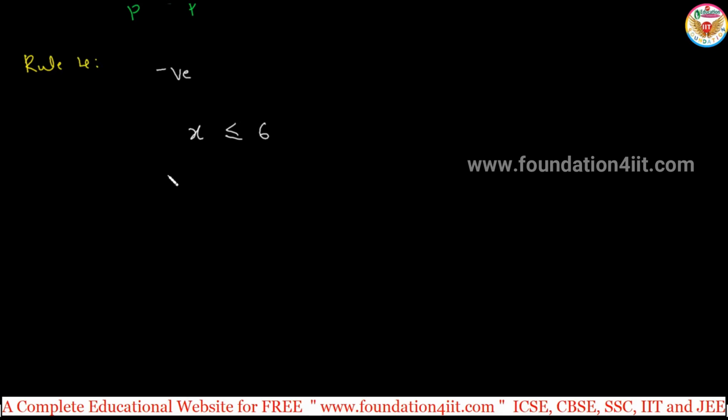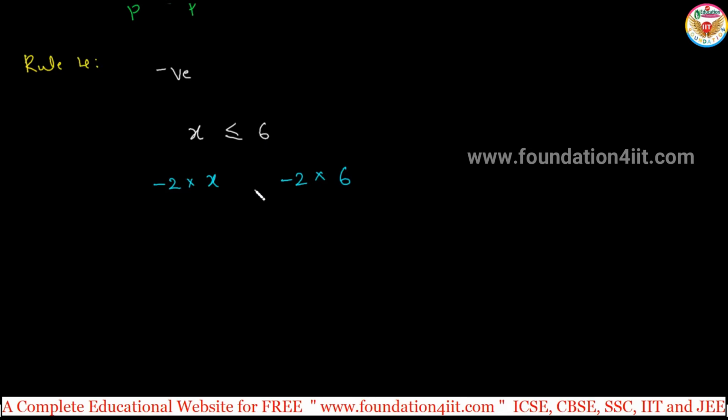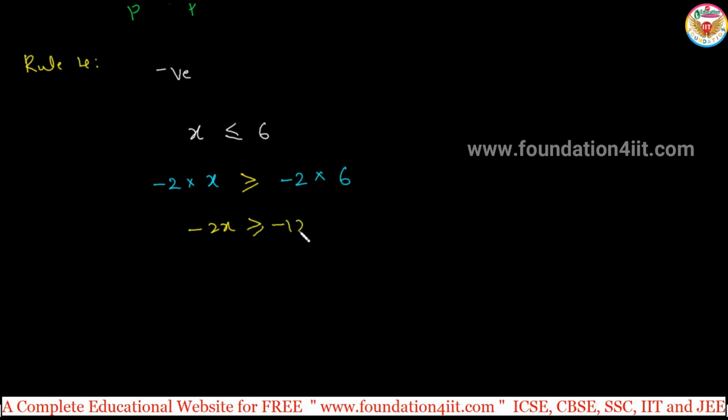If I multiply both sides by negative 2, the inequality sign should be changed. So less than or equal becomes greater than or equal: minus 2x is greater than or equal to minus 12.